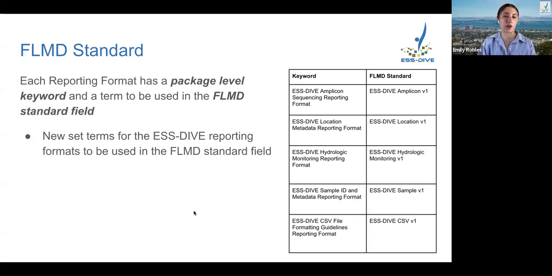If we need to build in some allowances for validation of certain reporting format data files, we need to know where those files are and which reporting format they are following. So this isn't a field we're using actively right now, but we want to be able to identify what standard those files are following.